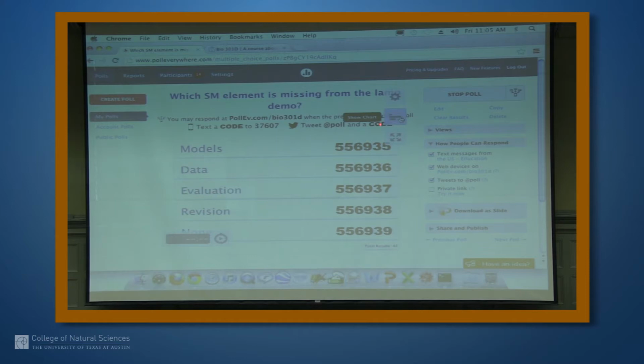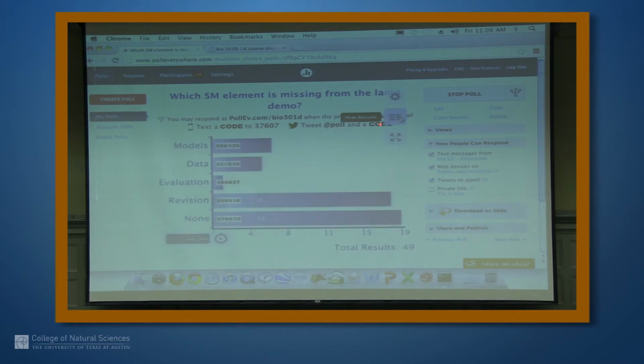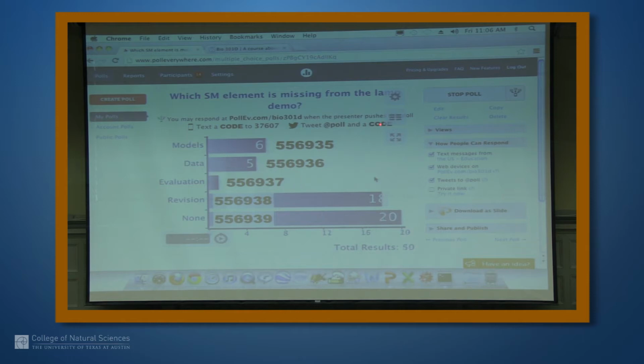So the majority of you is torn between either they're all present or we're missing revision. And interestingly, the previous class also split on those two. Let's move to the next question.